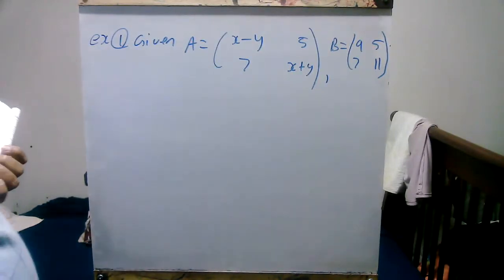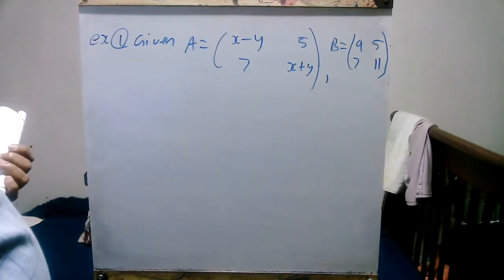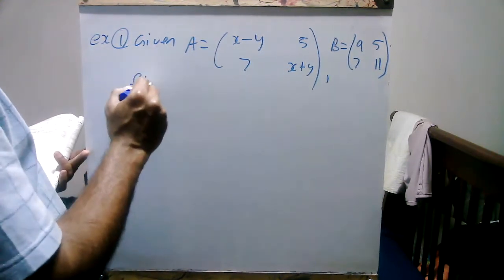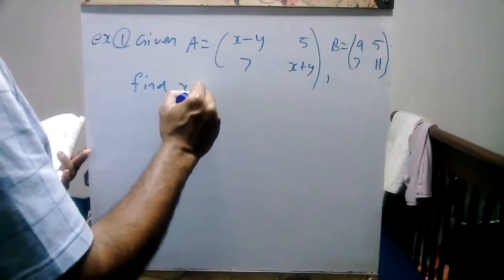Now the question asks us to determine x comma y. Find x and y.